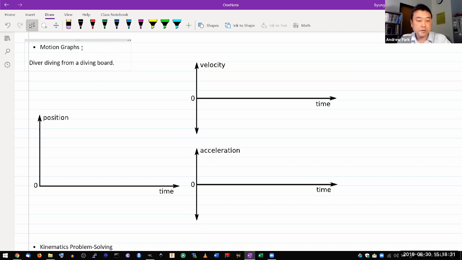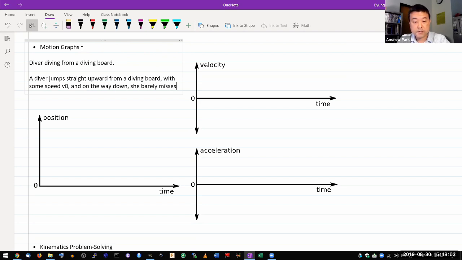So the situation will describe it. A diver jumps straight upward from a diving board with some speed v naught, and on the way down she barely misses the diving board and dives straight into the pool.